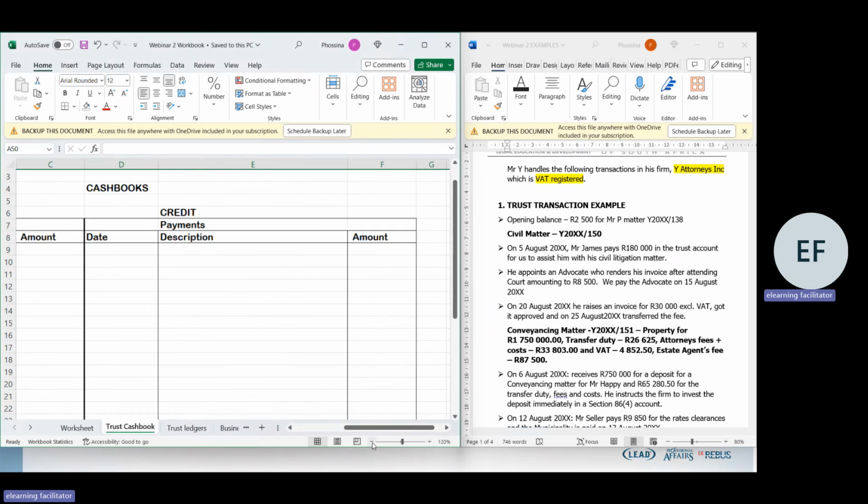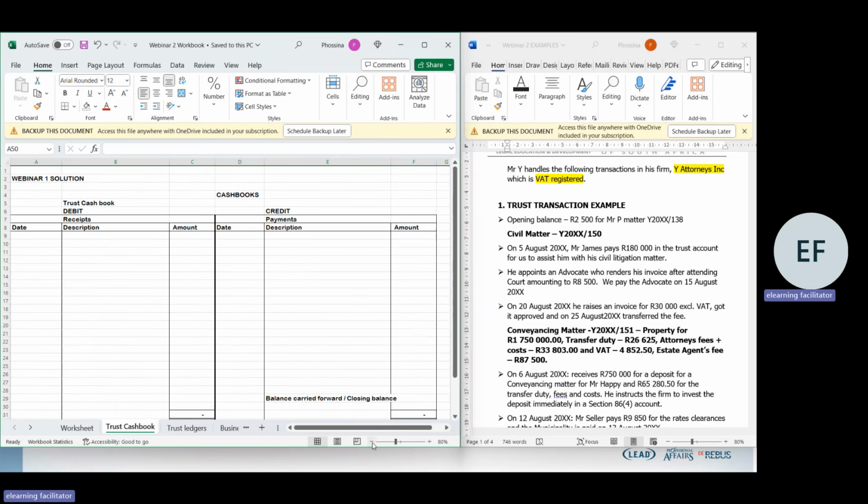It's this section of the worksheet, because if you are able to record your transactions with the worksheet, that becomes easier. As I have indicated before, we are going to record in our trust cash book, business cash book, into our ledgers.